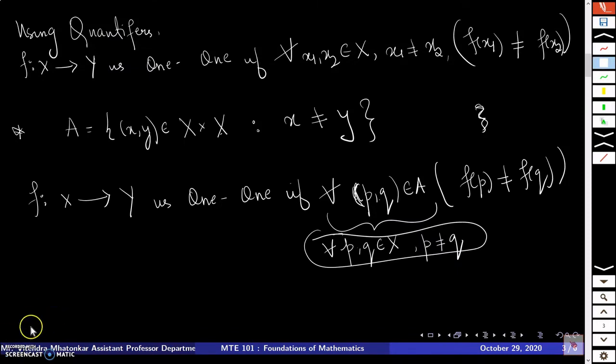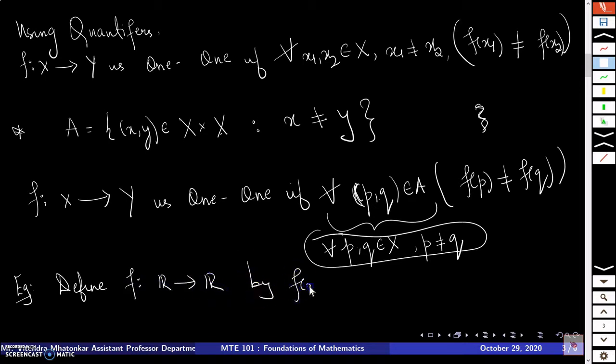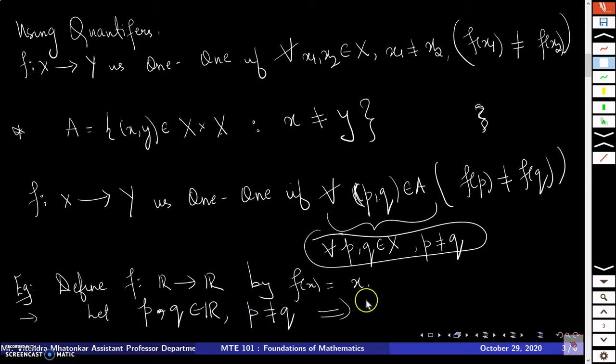Before this one, you can look at the identity function. Define function f from R to R by f of x is equal to x. Then if you pick up two different points in R, supposing p comma q are 2 points in R which are not equal, then because p is not equal to q, p is nothing but f of p and q is nothing but f of q, right?